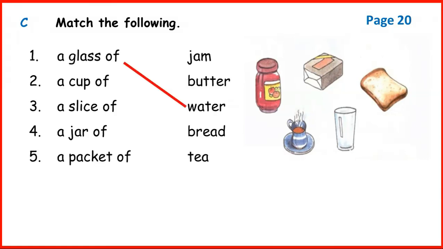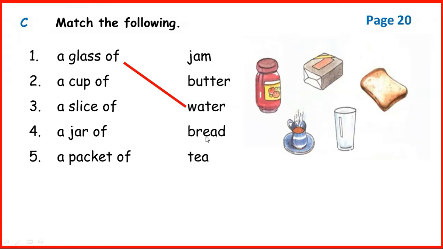Match the following. It's very easy question. Now number 1. A glass of water. We say a glass of water. We say a cup of tea. Yes, we always take tea in a cup. Then we say a slice of bread.